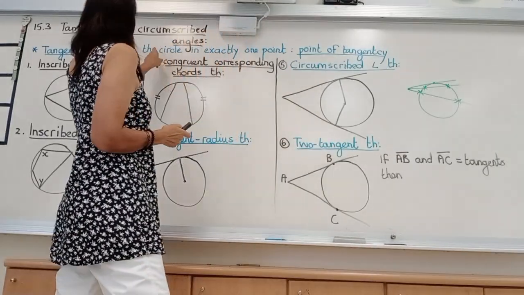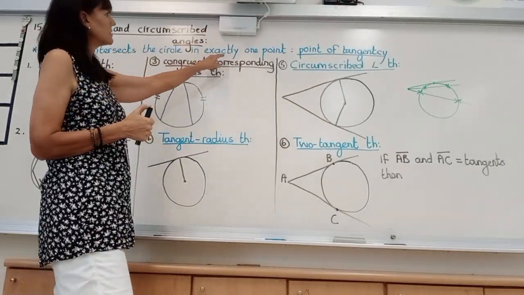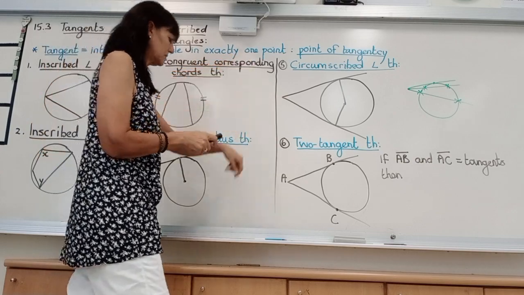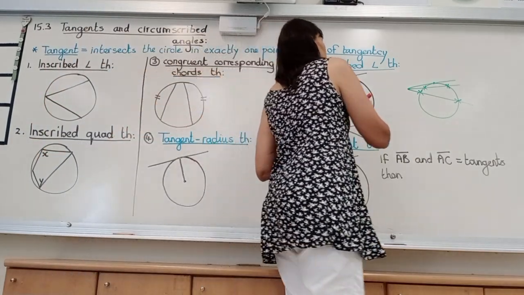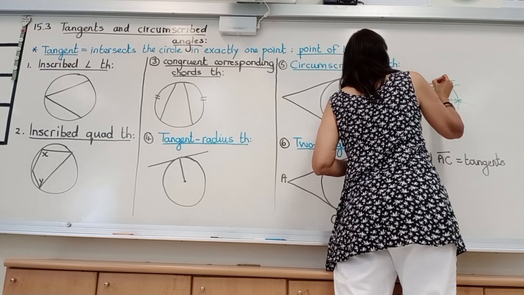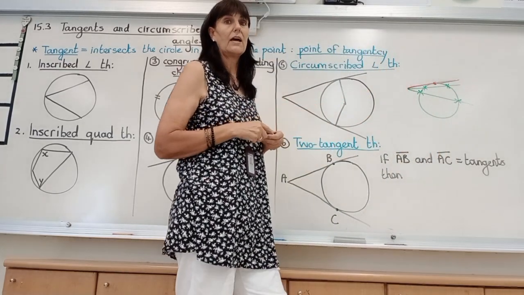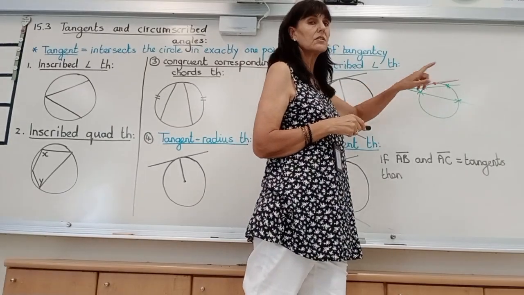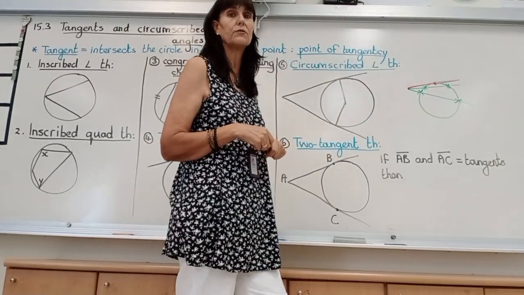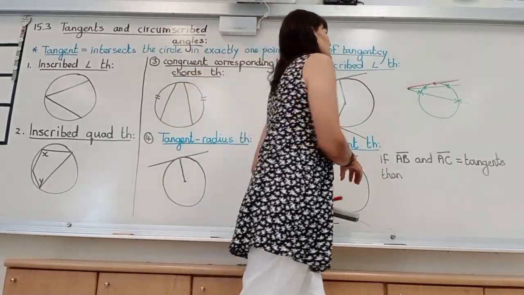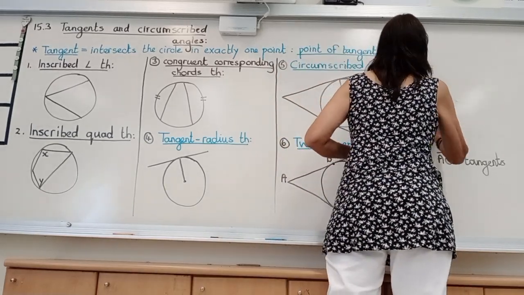And when it intersects the circle in exactly one point, then we can call this segment a tangent. And this point where it touches the circle is the point of tangency. Right, that's what we're going to talk about today.